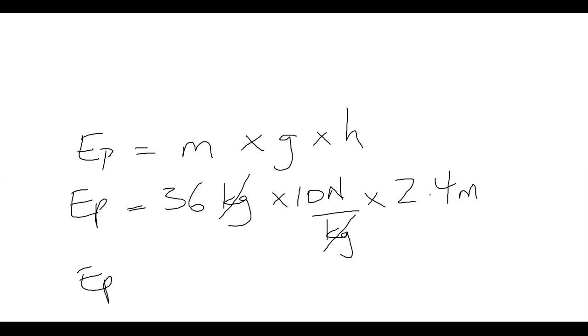EP, or potential energy, is equal to 36 multiplied by 10 multiplied by 2.4, which is 864 newton meters.